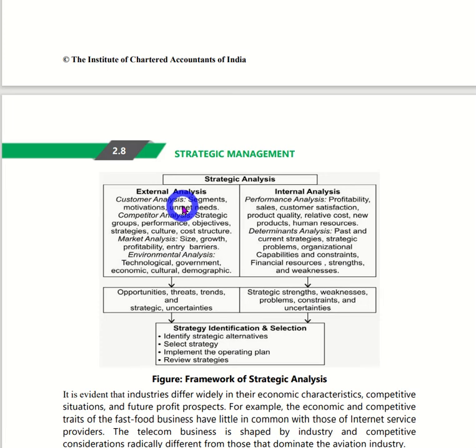So from there, you move on to strategic analysis here. There's an external analysis and an internal analysis in this table. Now here, quickly, in the external analysis, we find customer analysis about the various segments that we can divide the customer into. For example, as we saw in banking, retail banking, corporate banking, investment banking.